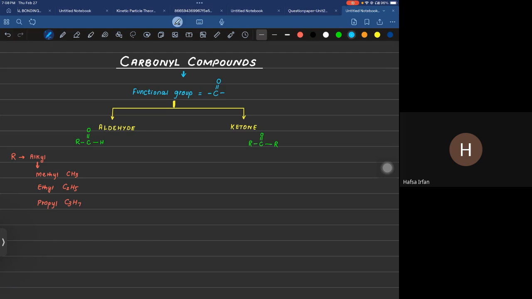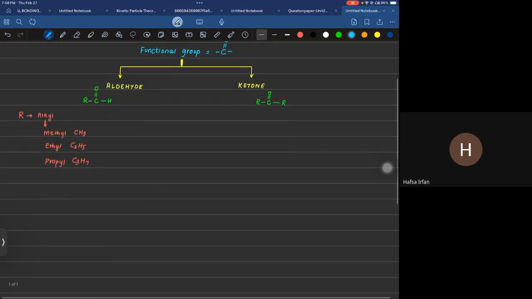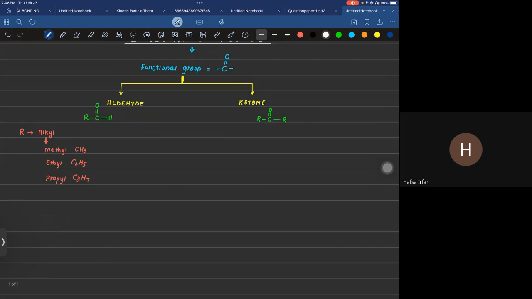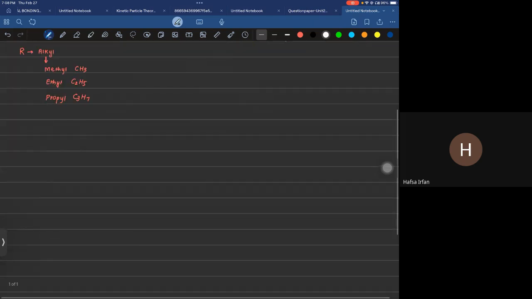So the general formula for aldehyde and ketone I told you. Okay, so if I talk about the simplest aldehyde, the simplest aldehyde is ethanal.